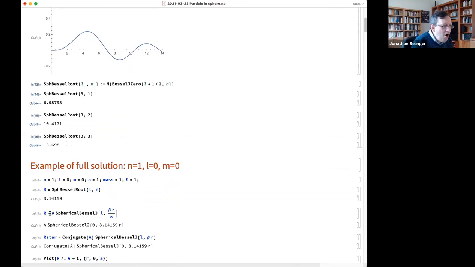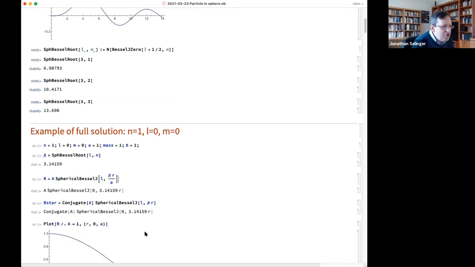So the R function then is an arbitrary coefficient times the spherical Bessel function with L equals 0, evaluated at beta times r over the radius.